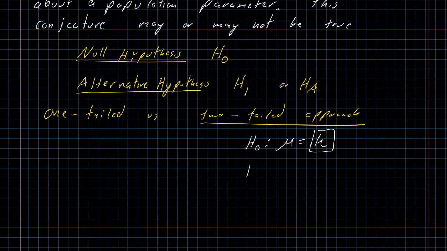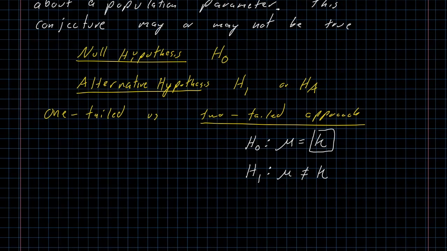And then the alternative hypothesis, H1, is simply that mu is not equal to k. This is the form that we are going to use almost exclusively in this course. It's a little bit more strict, it's a little bit less general, and it gives us a little bit of interest in places to go.